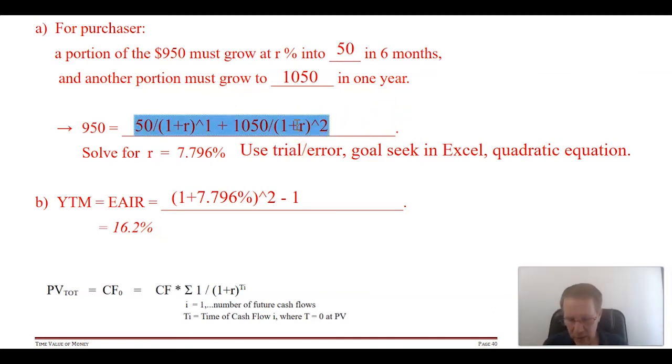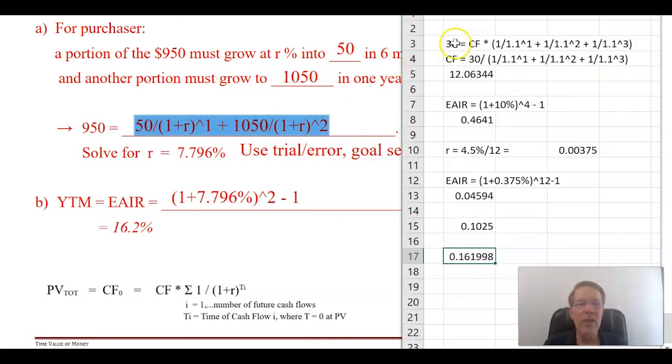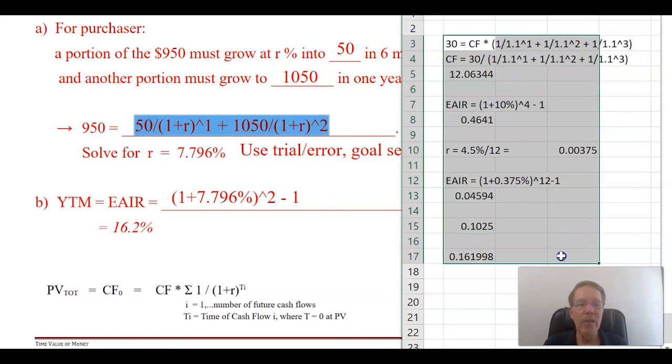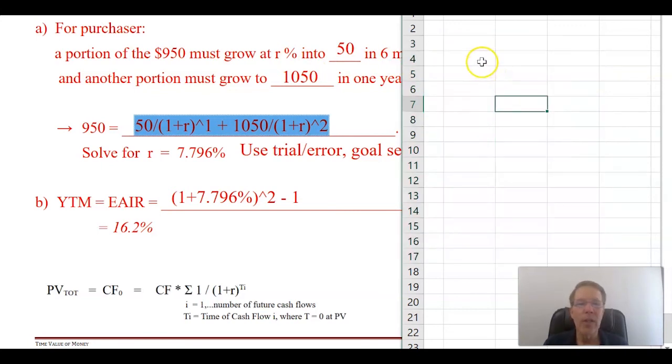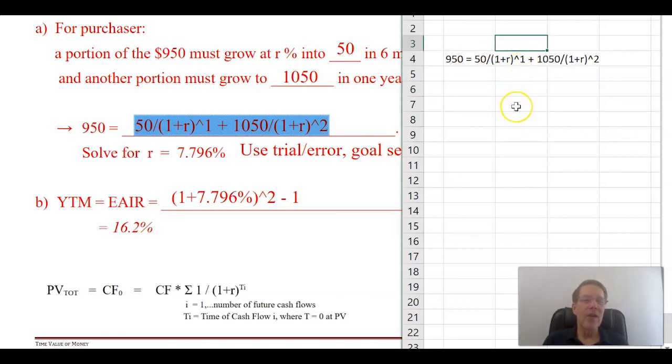Okay, so Control A, Control C, let's bring it back into Excel here. And I'm just gonna wipe out everything so we have a little room to work here. Okay, and I'm gonna say 950 is equal to, go ahead and do that. And to find this in Excel, I want to use a cell reference.